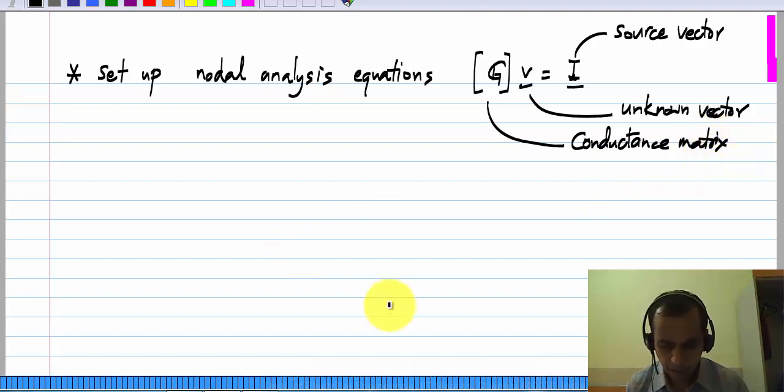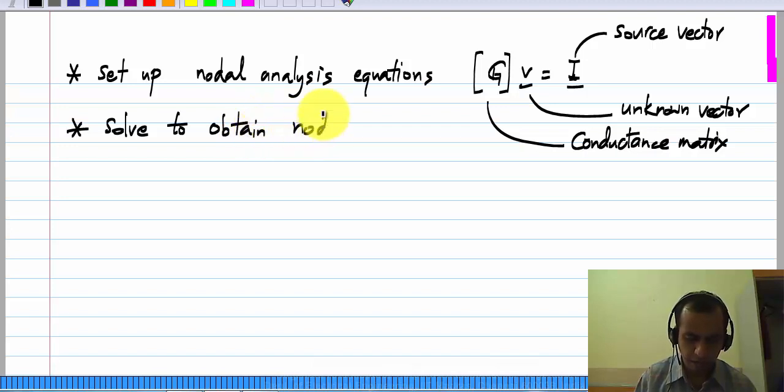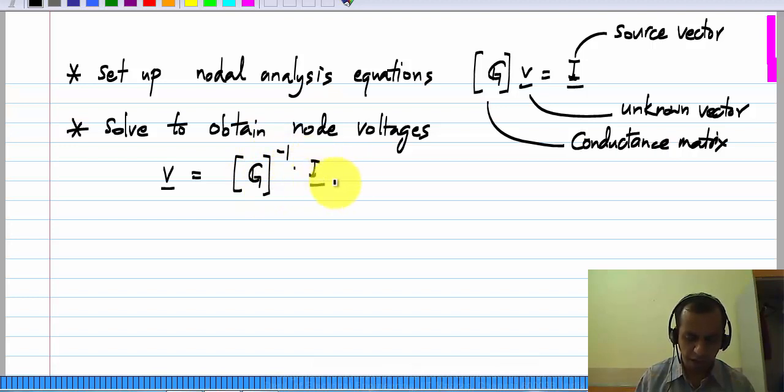Okay, and you solve this to obtain node voltages.